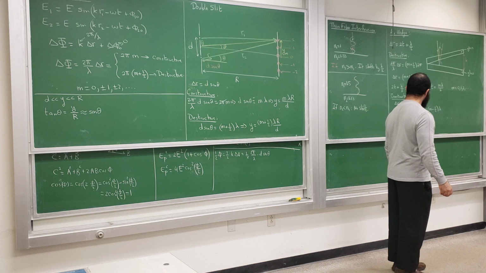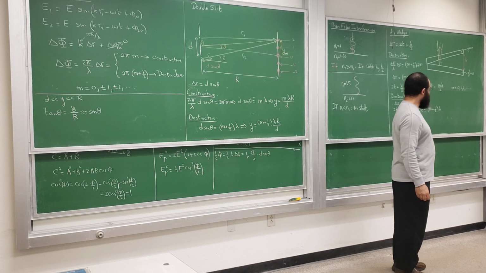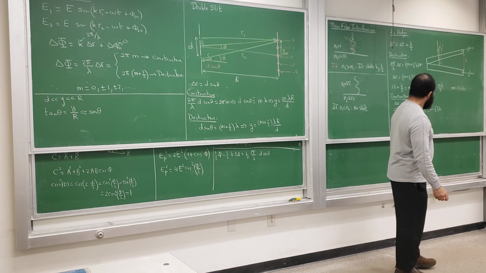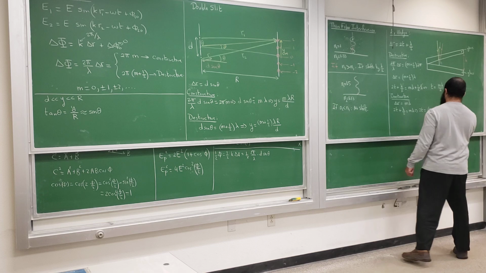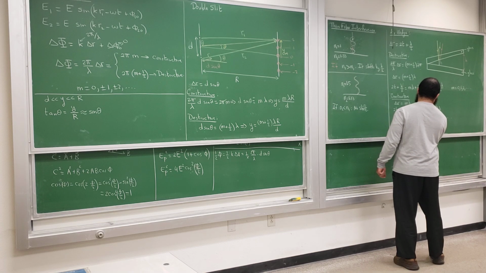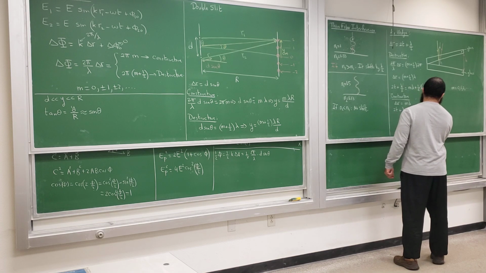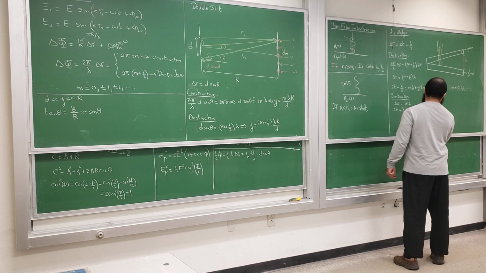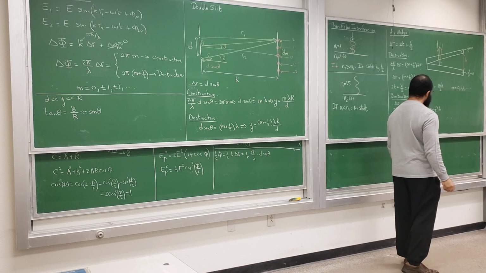If that's okay, then we go on. So t, in that case, equals m minus a half times lambda over 2.